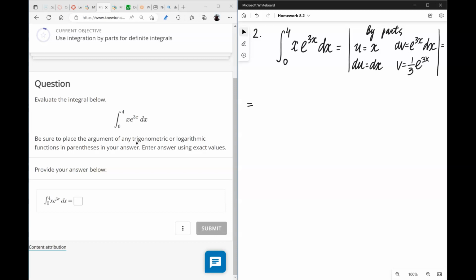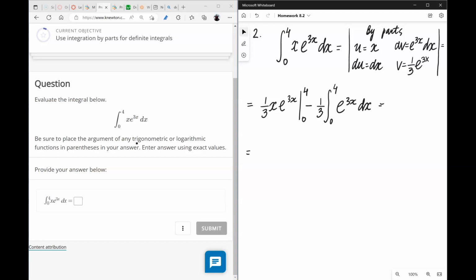Now we're going to write uv out, so we have 1/3 x e to the power 3x. Now it came out of the integral, so we're going to evaluate it, minus the integral from 0 to 4 of v du. This is not my first time doing it, so I know how to simplify and do basic maintenance as I'm writing out the integral. So I'm going to write integral of v, 1/3 comes out, du, so it's just e to the 3x dx.